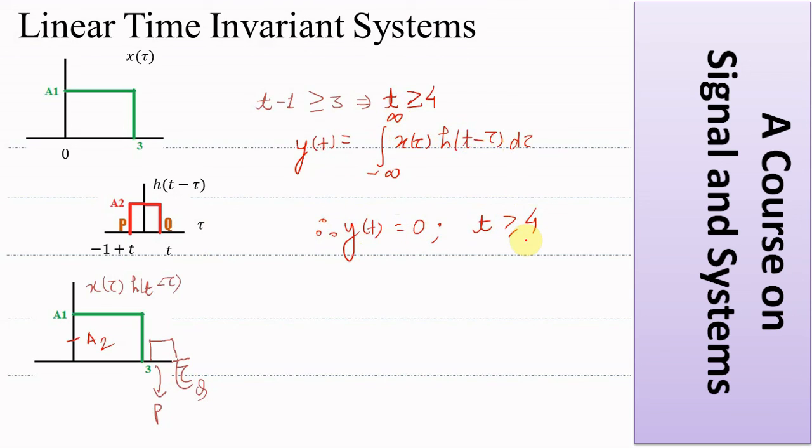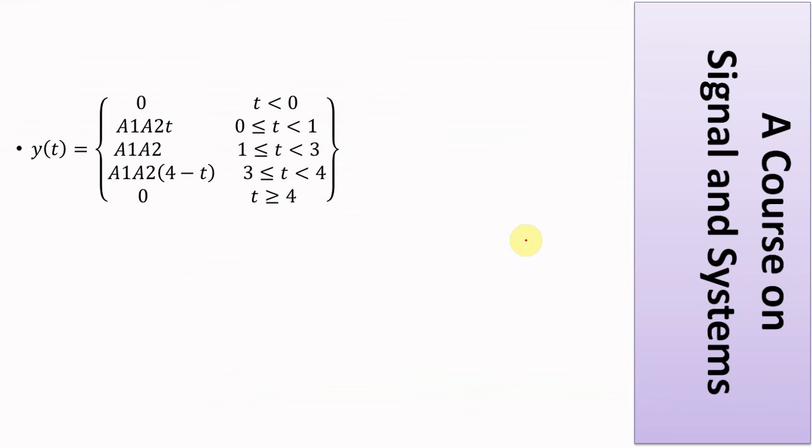So it's always good practice that whatever result we have, we express the result in a collective manner, for which I can write that my y of t is 0 when t is smaller than 0. My y of t is a1 into a2 into t when t is in between 0 to 1.